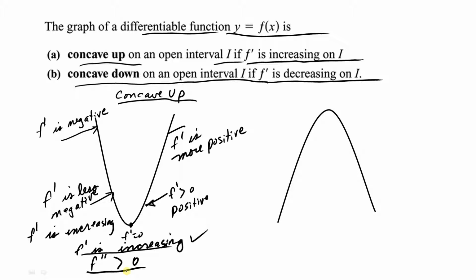Now look at the concave down graph. At the very beginning of this graph, f prime is positive.